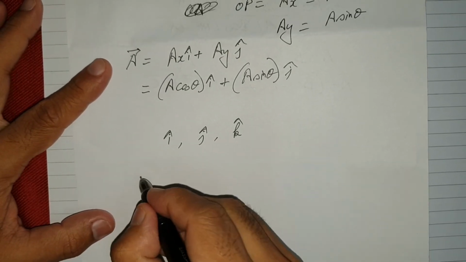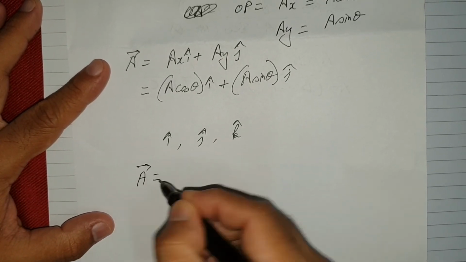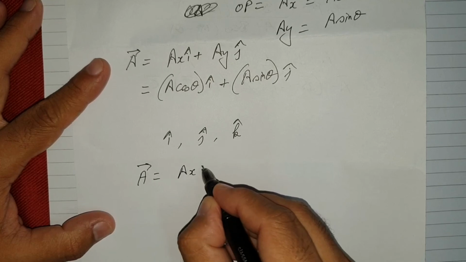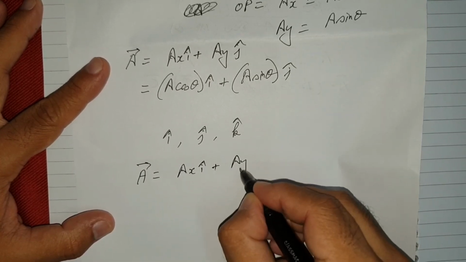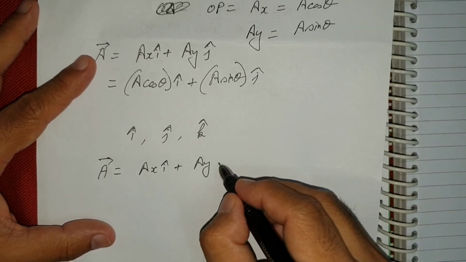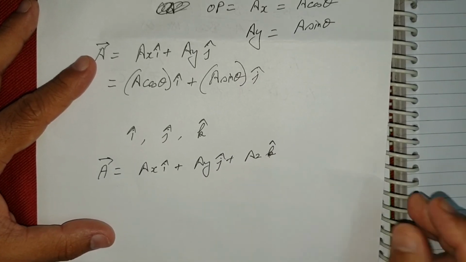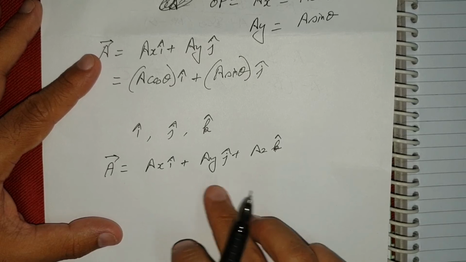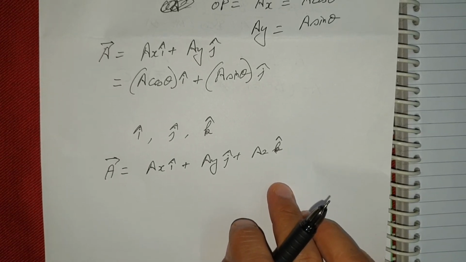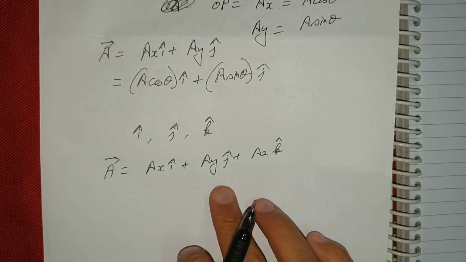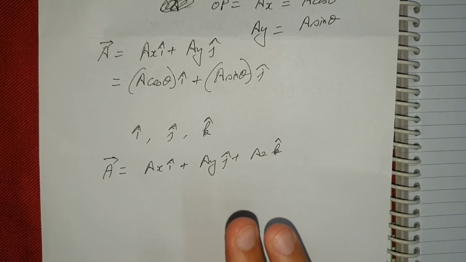So vector A is equal to Ax i cap plus Ay j cap plus Az k cap, where i, j, k are the unit vectors along the x, y and z axes.